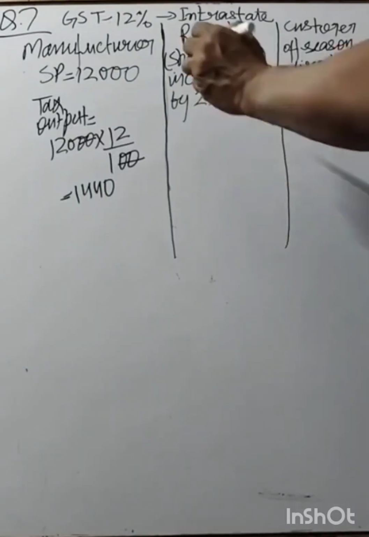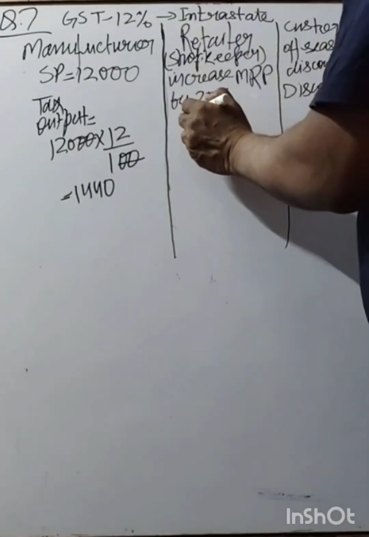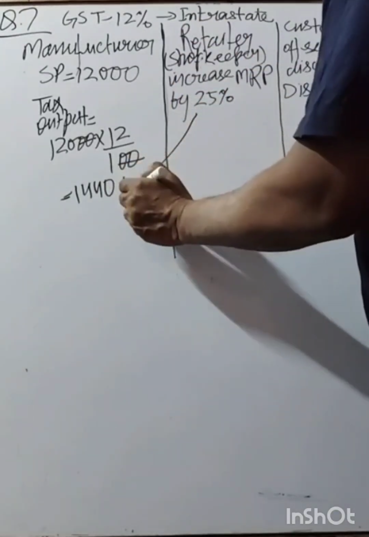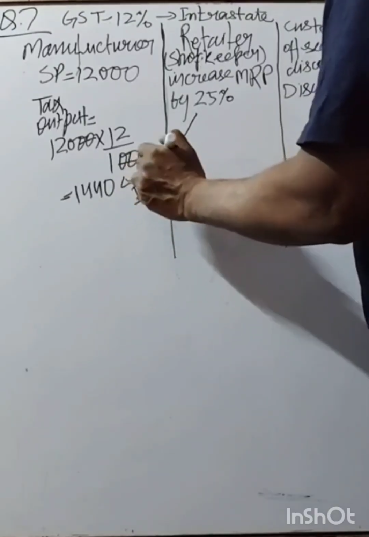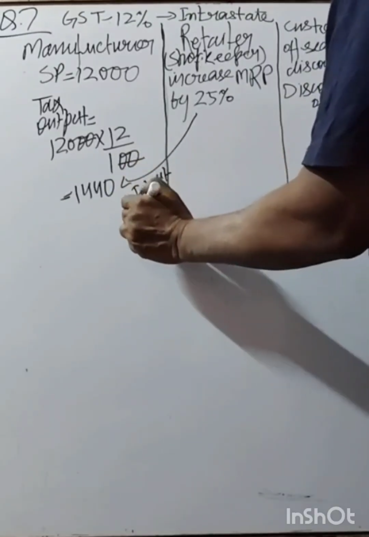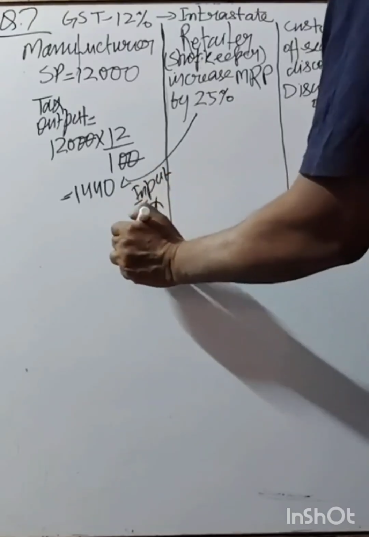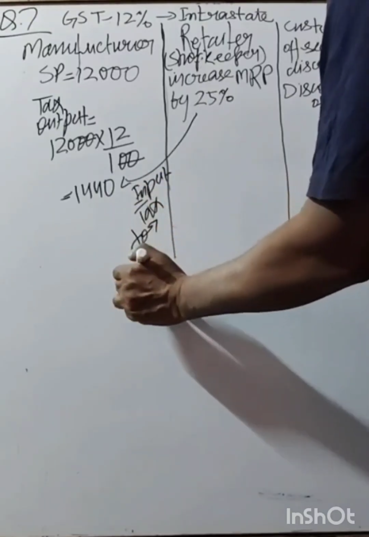This much tax he received. That means the retailer pays this much as input tax for the retailer.